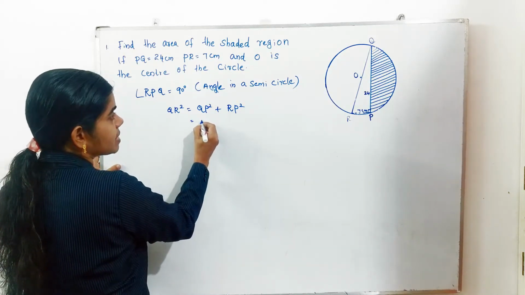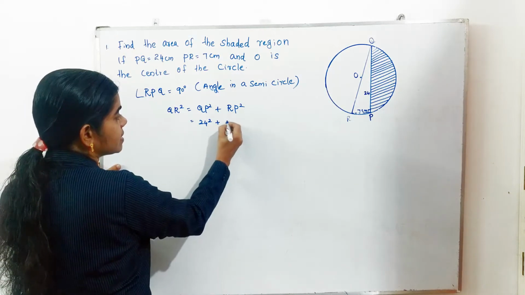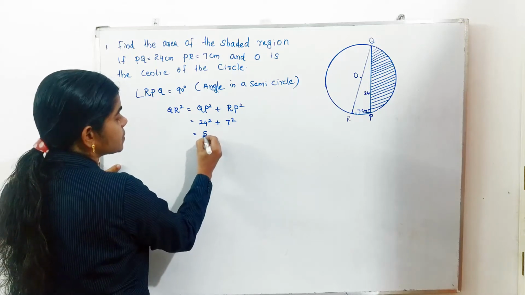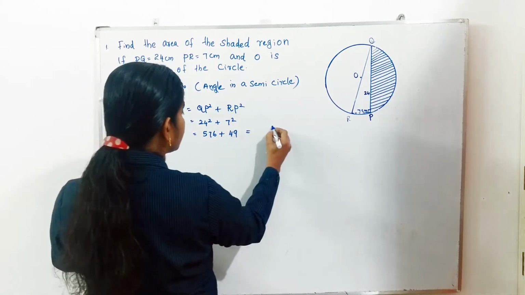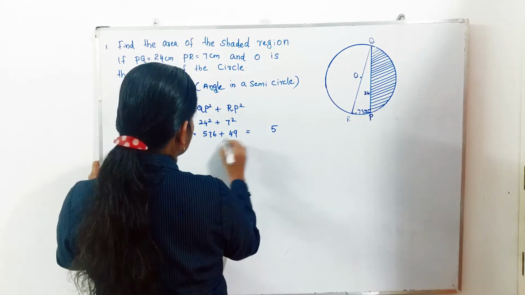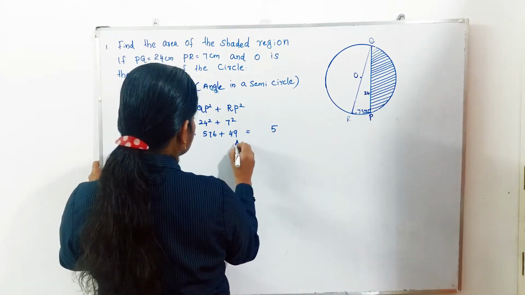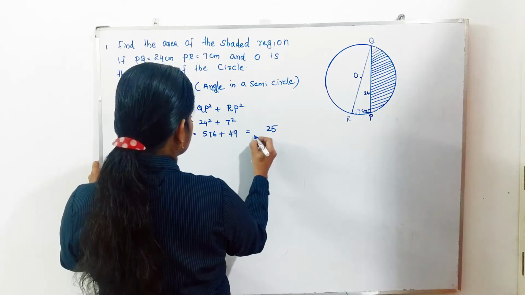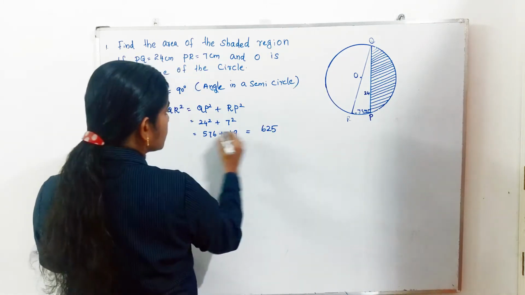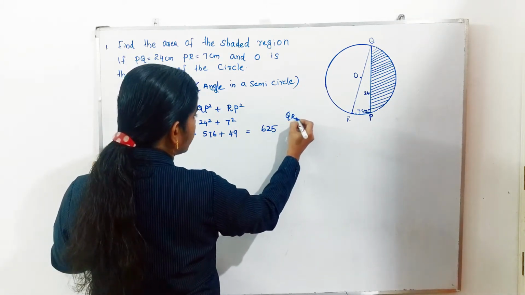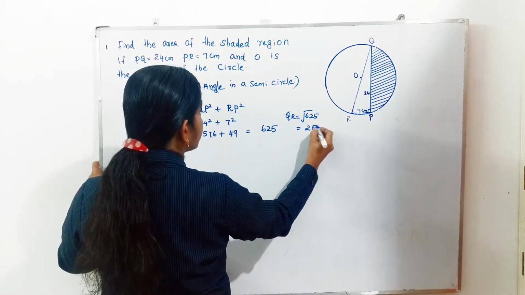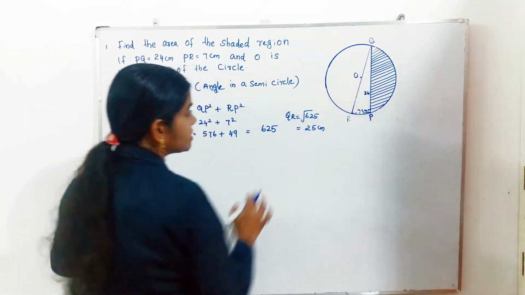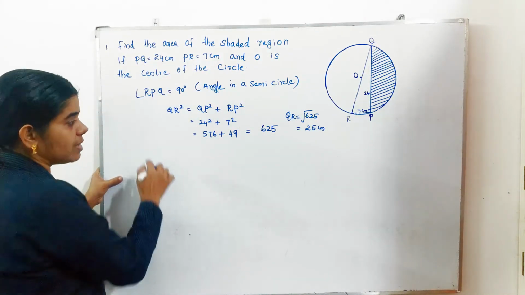QP square means 24 square plus 7 square, 576 plus 49, that is equal to 625. So QR is equal to root 625, that is equal to 25 centimeter. QR means the diameter is 25 centimeter.